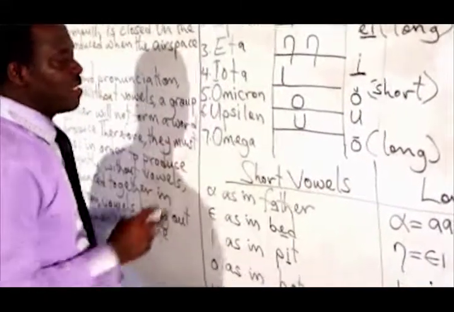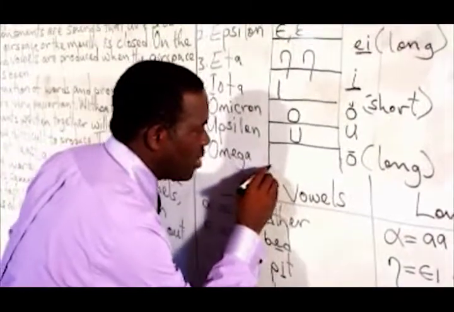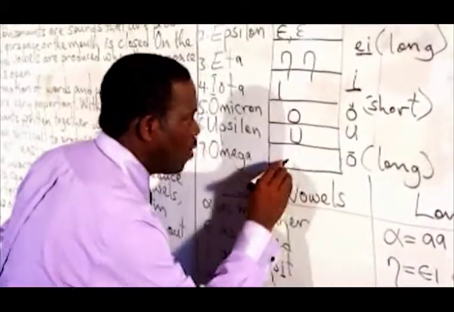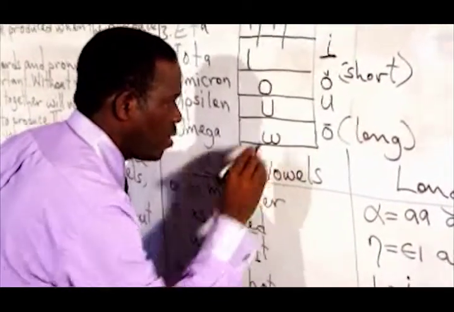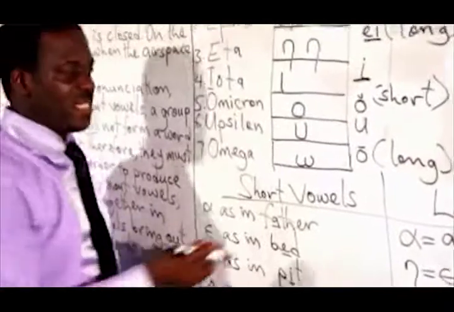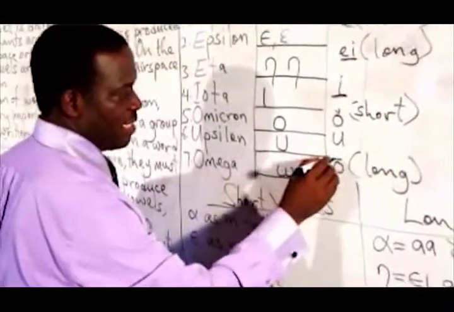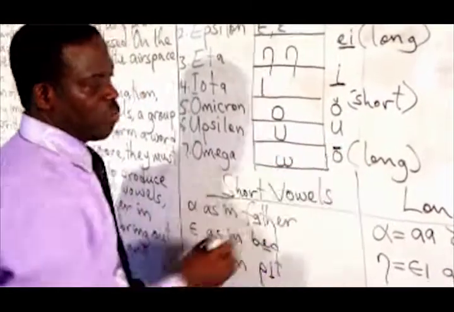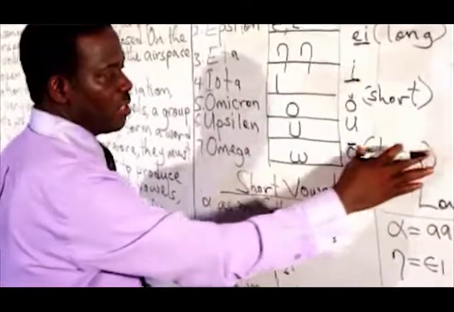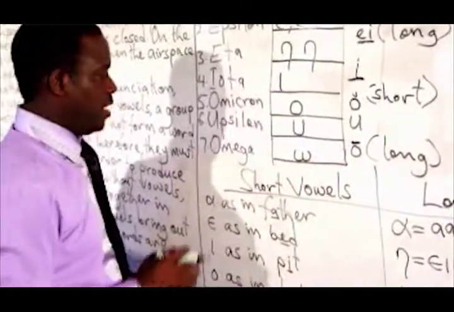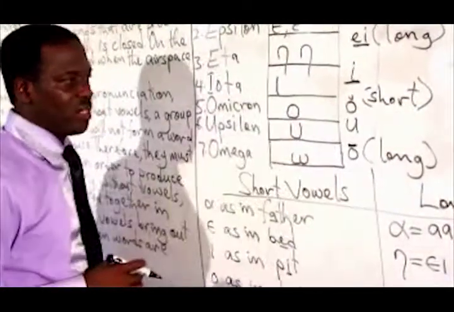Then the last Greek vowel is called omega, and this is how to write omega in line again. Omega sounds as O, and it's the long O vowel. In English equivalent, omega is the long O vowel. That's why I put long here to show that omega is long, and short here to show that omicron is short.